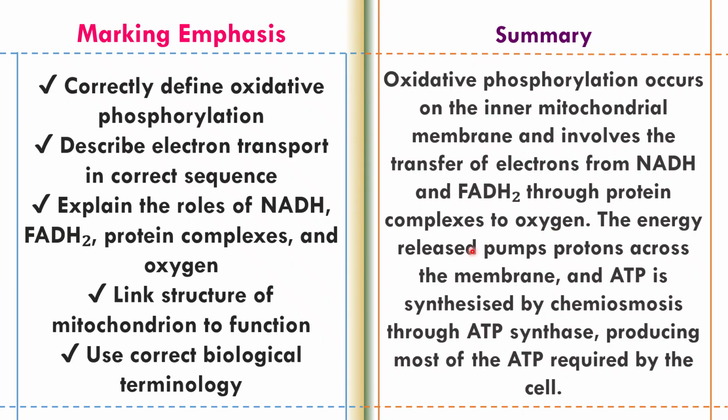The energy released pumps protons across the membrane, and ATP is synthesized by chemiosmosis through ATP synthase, producing most of the ATP required by the cell.